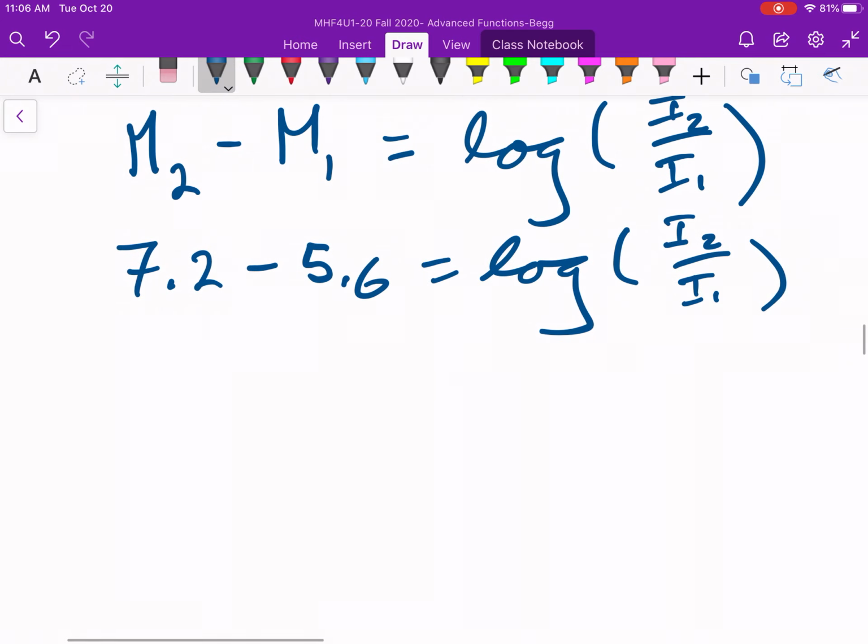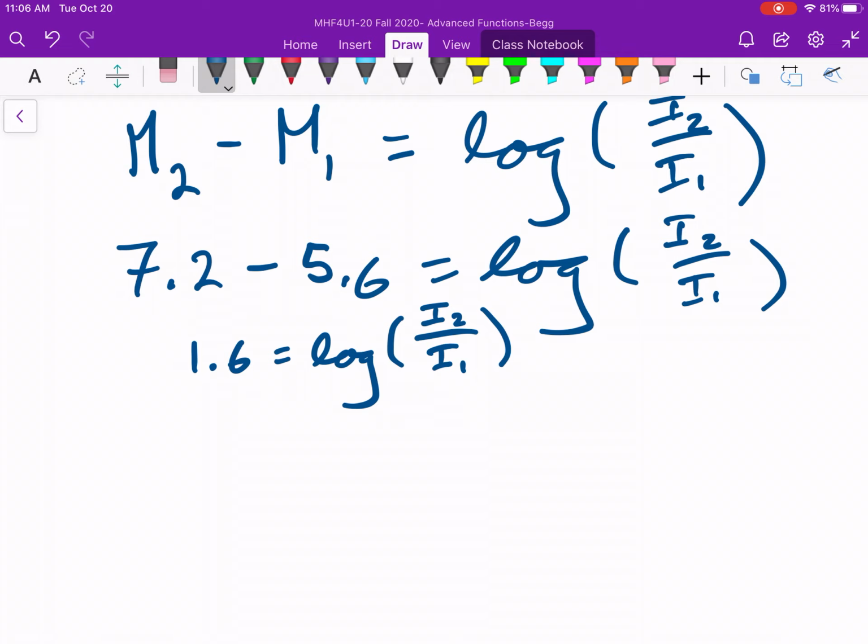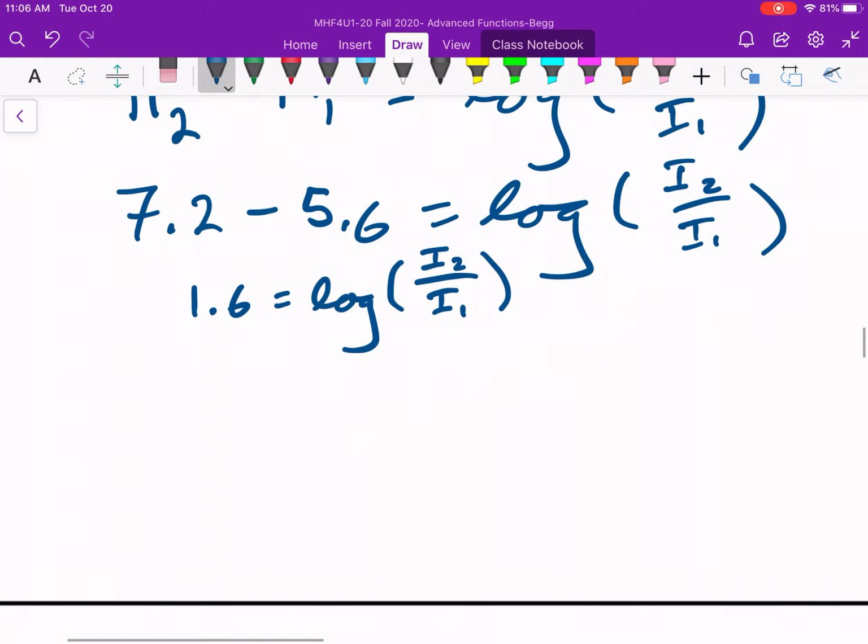And so I have 1.6 equals log I2 over I1. And again, the magic of exponential and logarithmic functions is that we can switch back and forth whenever we need to help us isolate something. And I do want to isolate I2 over I1, so I want to switch it to exponential form.